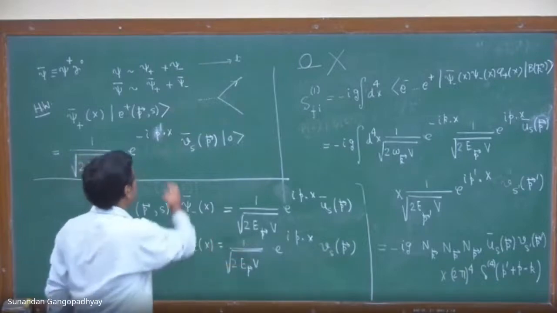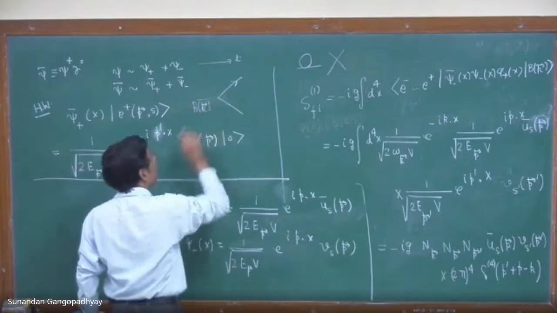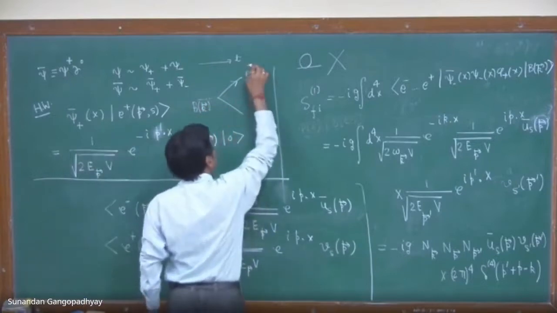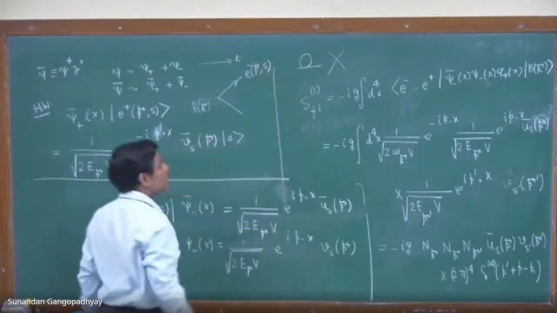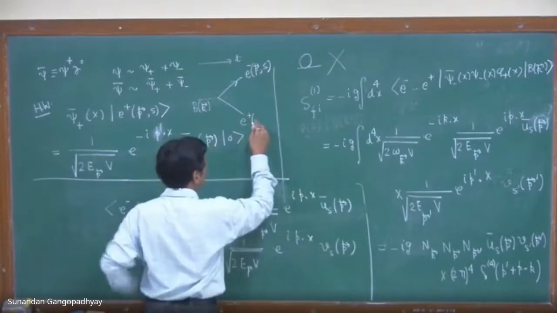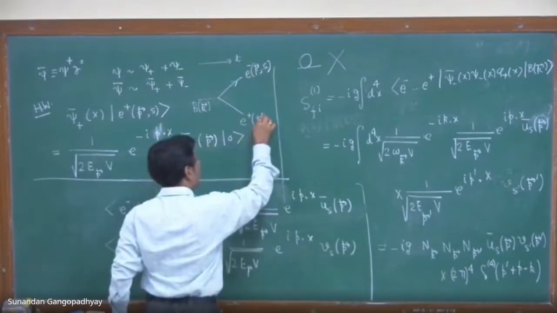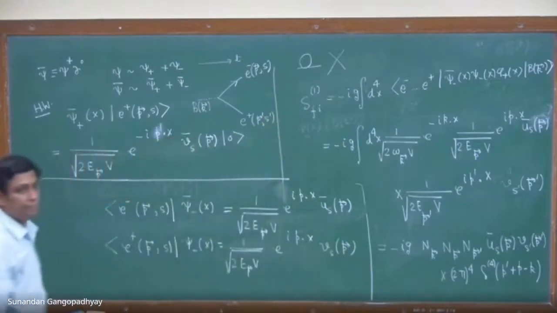And this is basically the decay process. So if I say that this is decay and this is my electron, e minus, this is my positron, e plus.